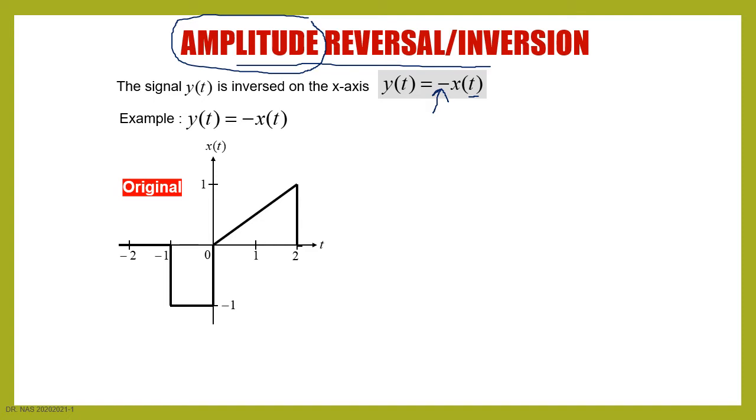So you can copy the same amplitude and the same t. So 2 remains 2, 1 is 1, 0, 1, and minus 2. But now the positive amplitude becomes negative, so the signal will be down there.